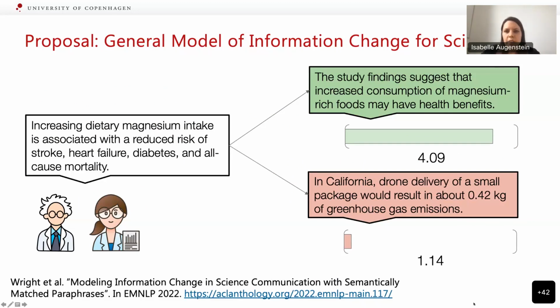We define this information matching score, which produces a value between 1 and 5, depending on how similar the scientific findings are. And you can see an example here where we have one that's highly similar and one that's highly dissimilar. And the highly dissimilar one, you can see it's not even about magnesium as the example otherwise is, but it's about drone deliveries.